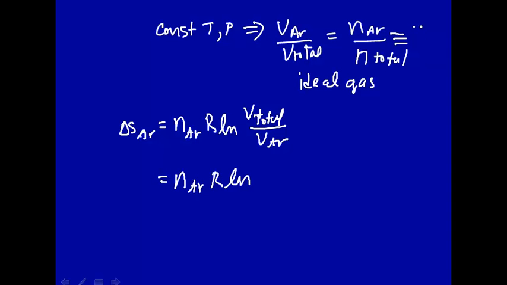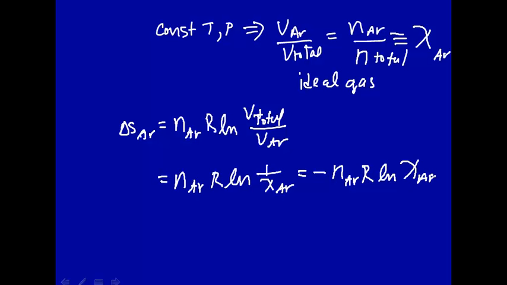This will be defined as we said earlier, the mole fraction of argon. So this would be 1 over the mole fraction of argon, or taking the inverse of that brings a minus sign over here: minus the number of moles of argon times R times the natural log of the mole fraction of argon.